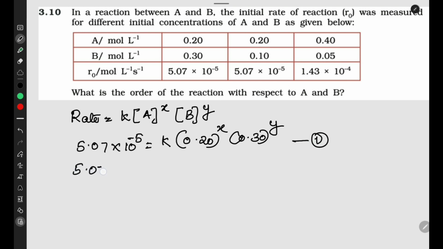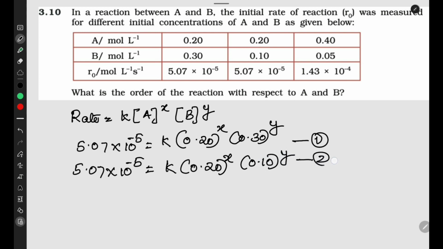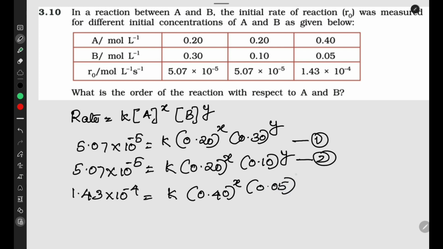Similarly, 5.07 into 10 raised to minus 5 is equal to K into 0.20 raised to X into 0.10 raised to Y. Let it be equation 2. And third one, 1.43 into 10 raised to minus 4 is equal to K into 0.40 raised to X into 0.05 raised to Y. Equation 3.